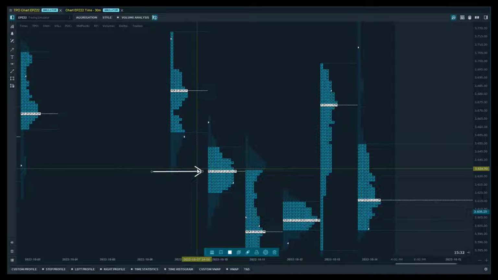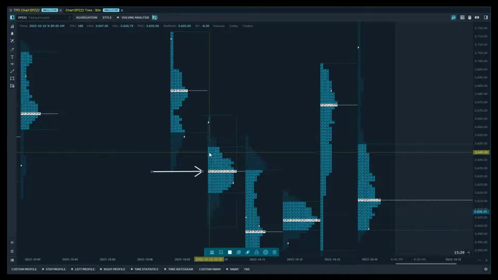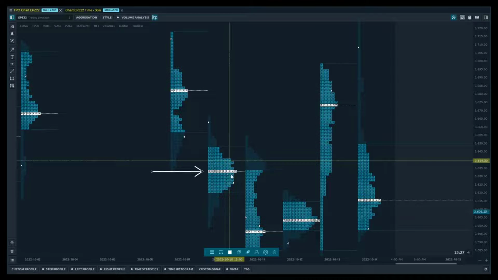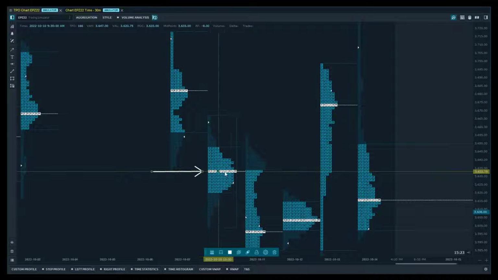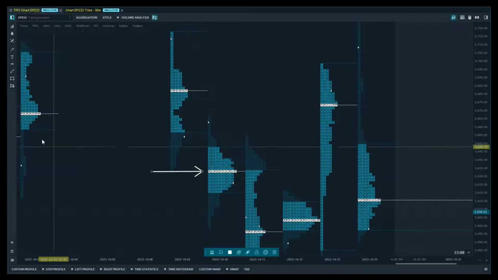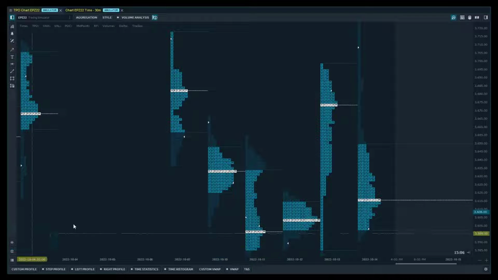So for many traders, this becomes a really important reference point into the future, and can sometimes be used as support and resistance. The longer and the thicker and the more stacked TPOs within the point of control, the more important it becomes. It becomes a stronger reference point in the future. The thinner and the smaller, the less significant it is for traders.